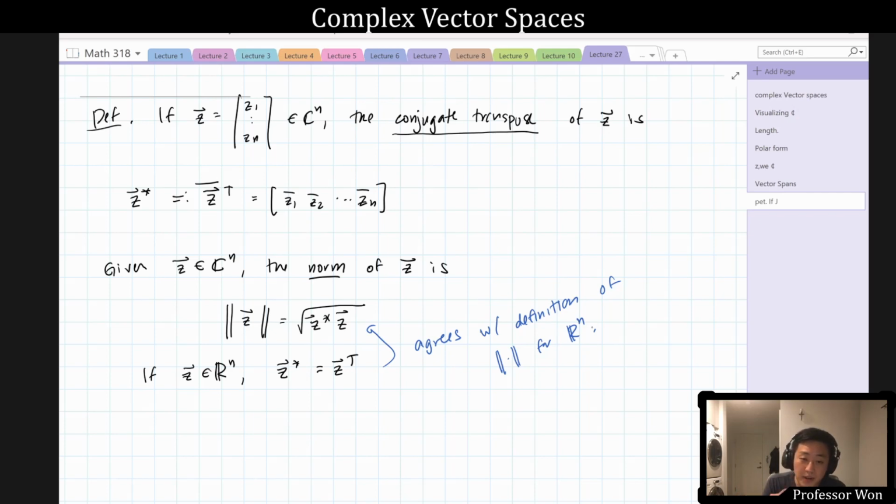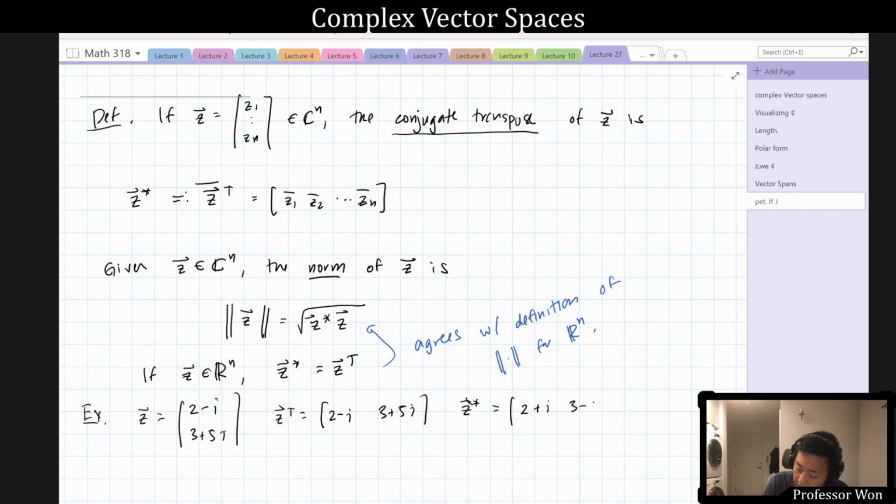Now the question is, why do we need the star there? And this is best to do by example. So let's do it by example. If z is (2 minus i, 3 plus 5i), z transpose is, of course, just 2 minus i, 3 plus 5i, like this. But the conjugate transpose, so z star, is the conjugate of this thing.